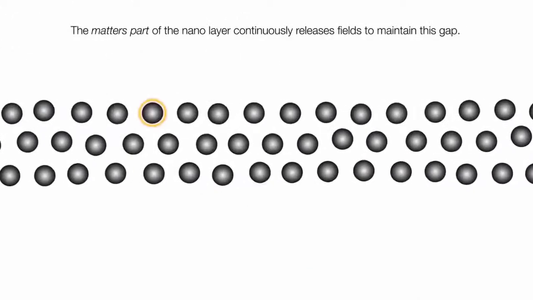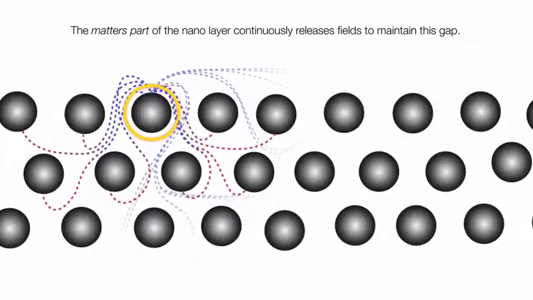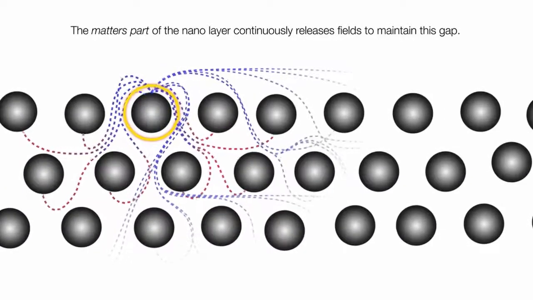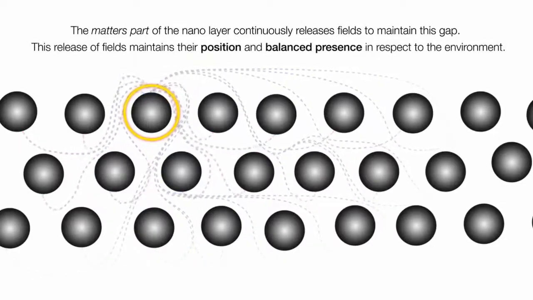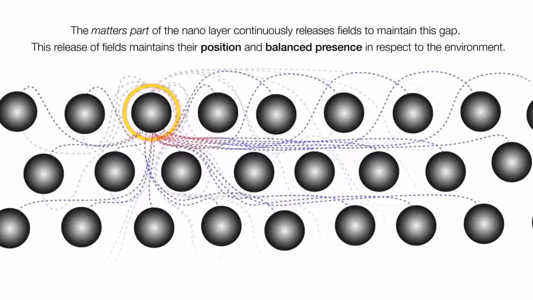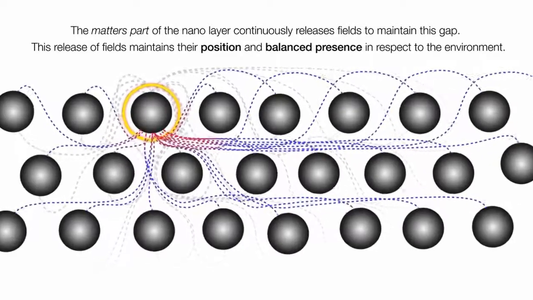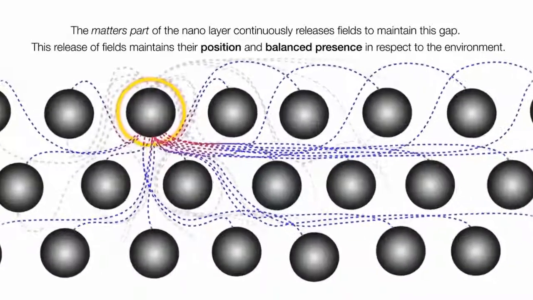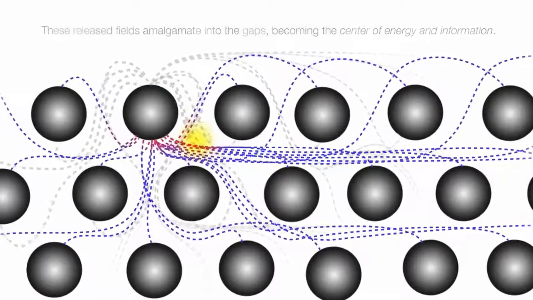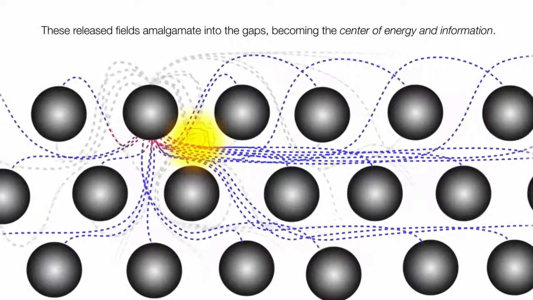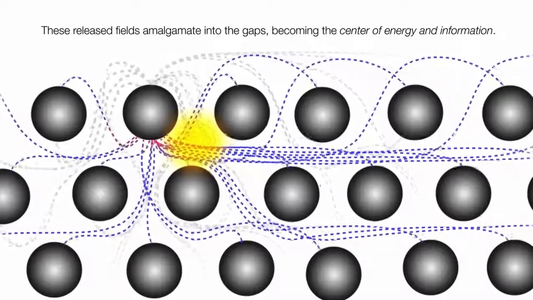The matter's part of the nanolayer continuously releases fields to maintain this gap. This release of fields maintains their position and balanced presence in respect to the environment as well. These released fields amalgamate into the gaps, becoming the center of energy and information.